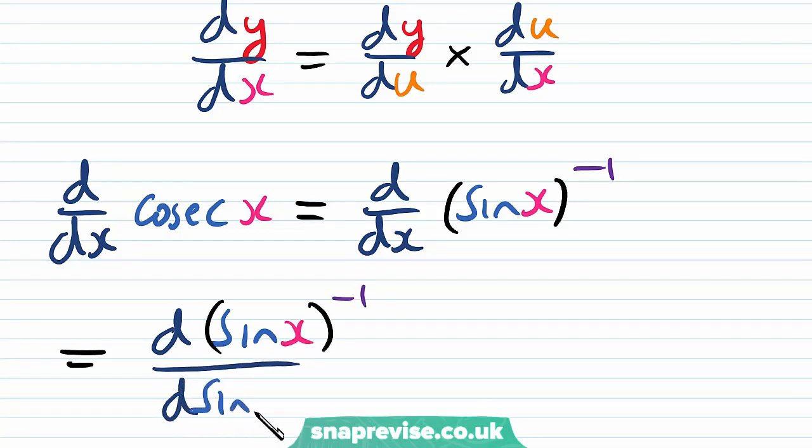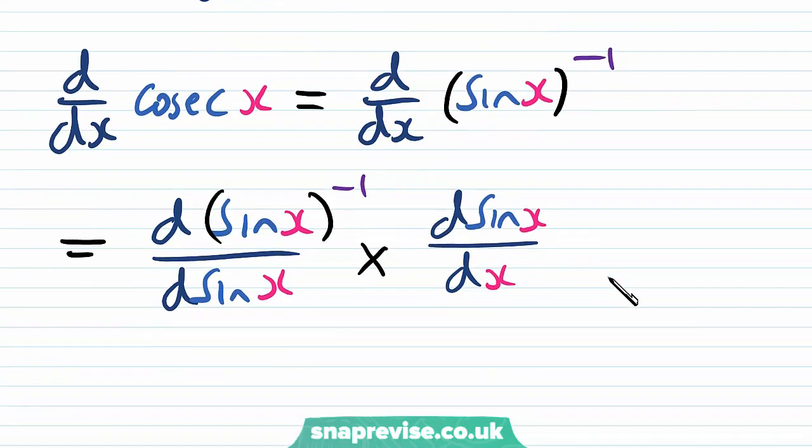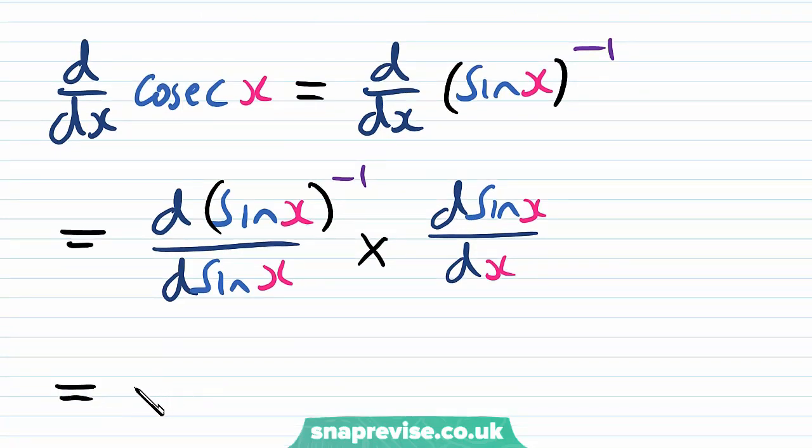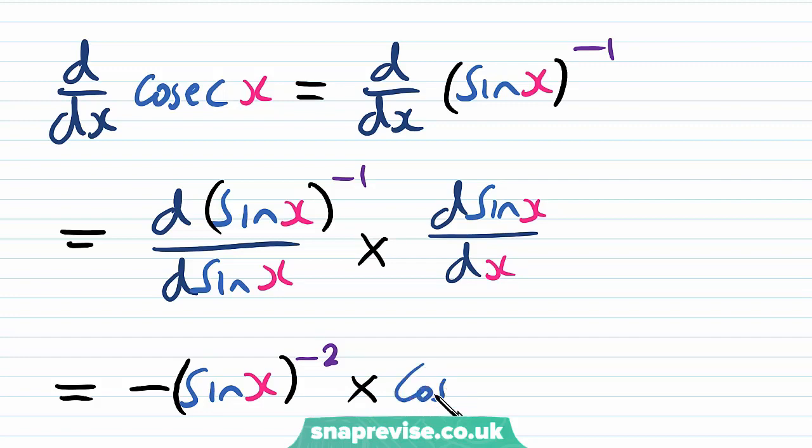Again, we are choosing our u to be sine x, and then we multiply by d sine x by dx. For the first one, we get a minus sine of x to the power of minus 2. Again, if you're not comfortable with this, you can use the chain rule more carefully by actually substituting u equals sine of x. And then we multiply by d sine of x by dx, which is cosine of x.